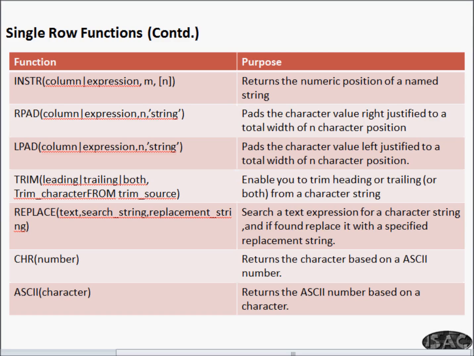So if you have 5 characters but you want to display them under a 10 character section, okay, so if it is 5, the other 5 will display with some other symbols or some space or hyphen like that. So that is what right padding and left padding are. I'll give an example and explain that. And TRIM enables you to trim leading or trailing characters from a character string. So some characters you want to trim, you can use the TRIM function here.